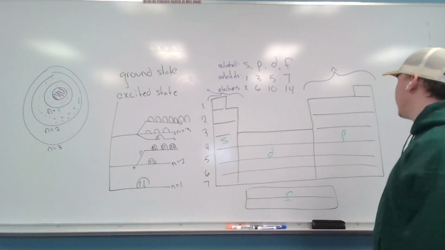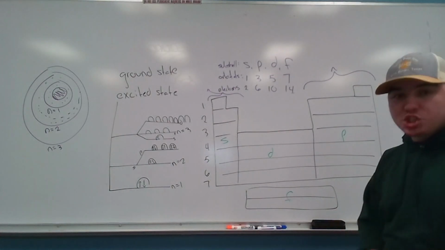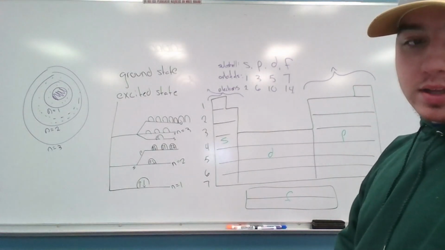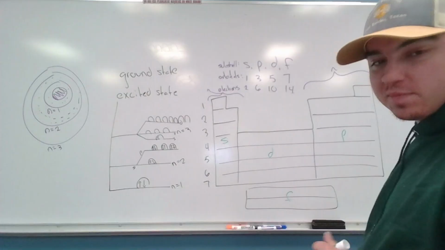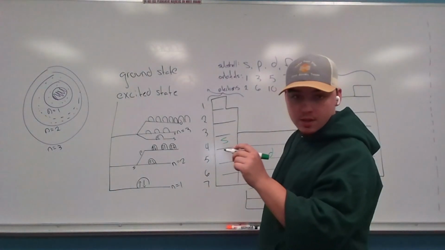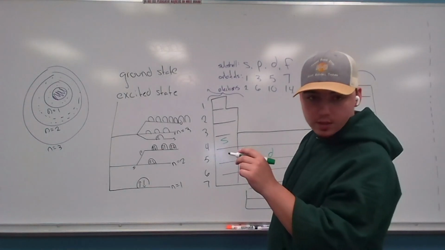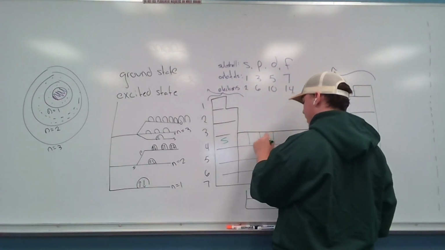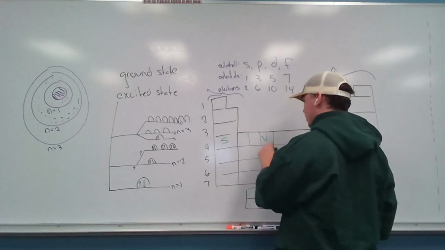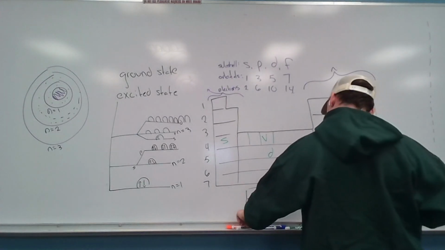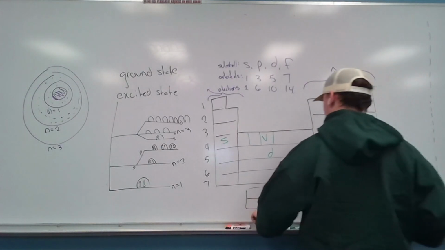Let's do an example. I'm going to choose vanadium. Yeah, vanadium works. So vanadium is right here, and it's the third one. V, just V. So we're going to go along and write our configuration. I'm going to do it in purple.